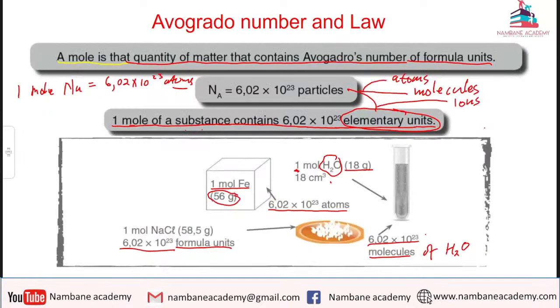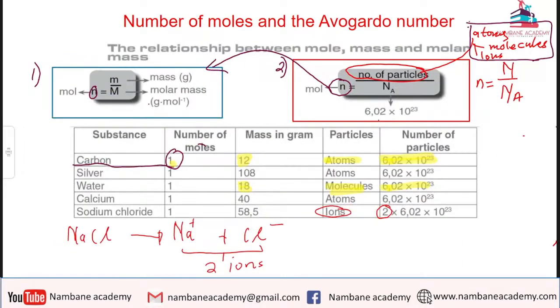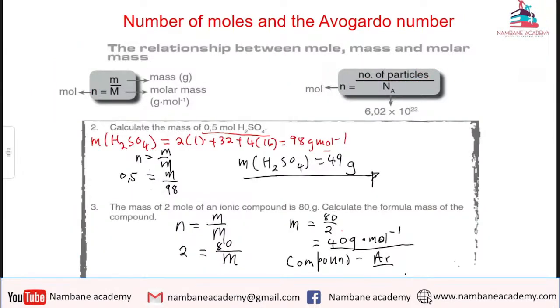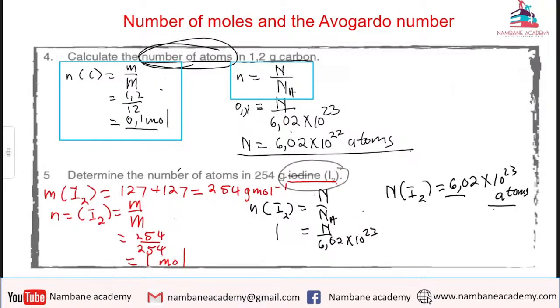The Avogadro number was also explained in detail. We showed the relationship between the number of moles and the Avogadro number. Very, very happy with that. That's when we did calculations relating to the Avogadro number and the number of moles.